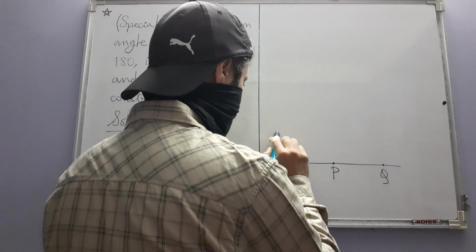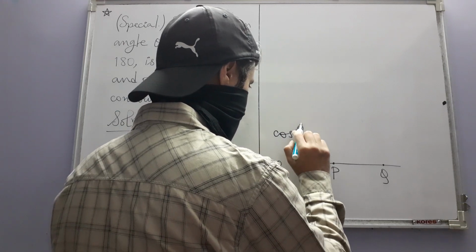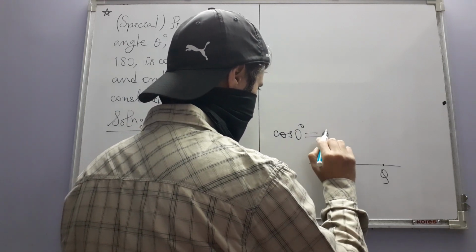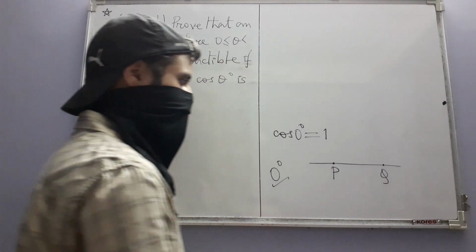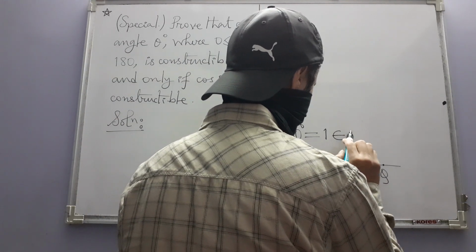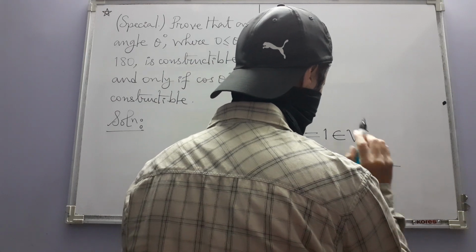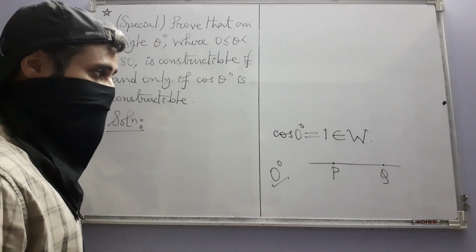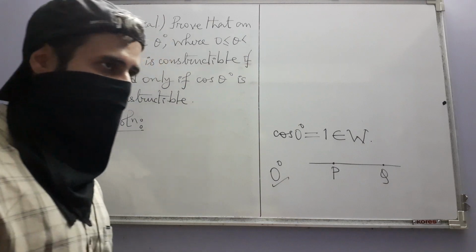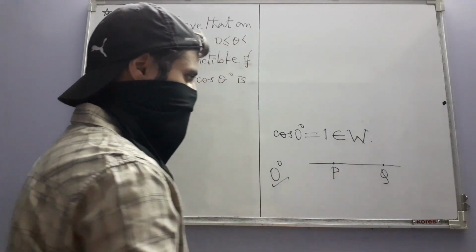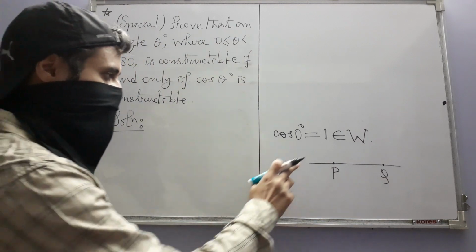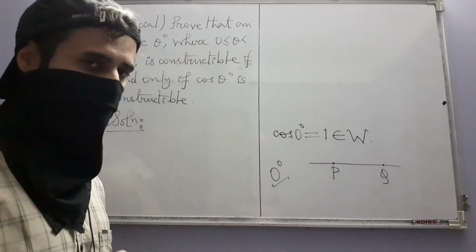On the other hand, what is cos 0 degree? It is 1, and 1 is a constructible number. It belongs to the field of constructible numbers W. Why? That's because W is a subfield of R, the field of real numbers, and hence it must contain every rational number, and as such it also contains 1.